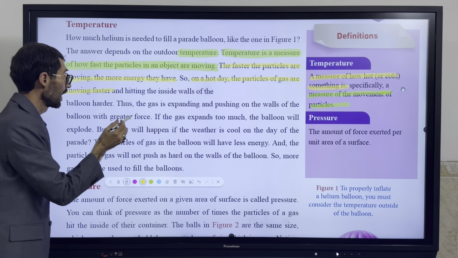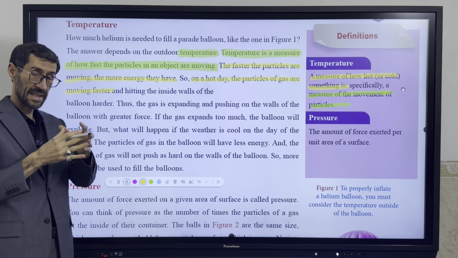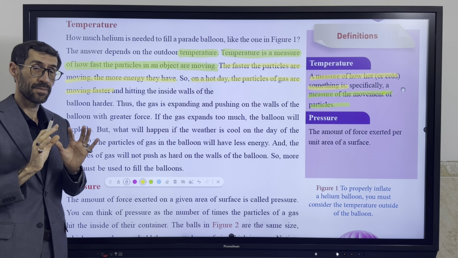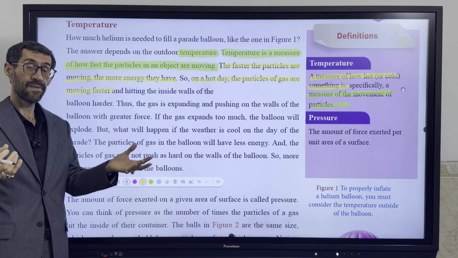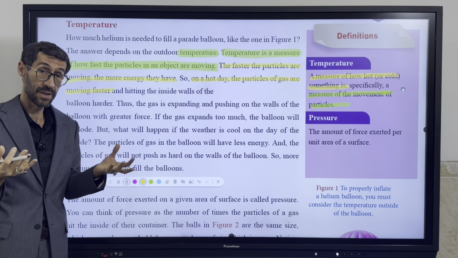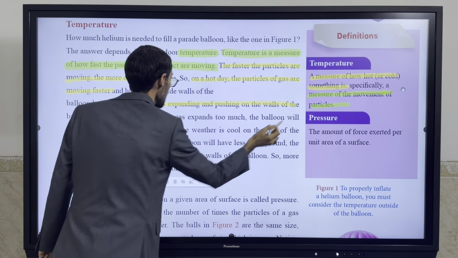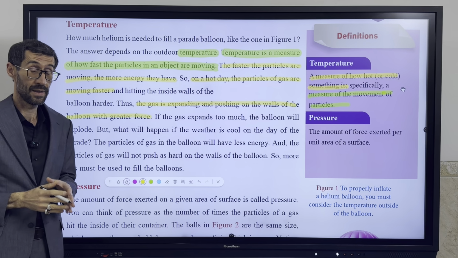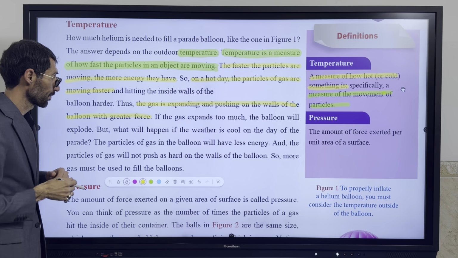So what's the consequence of the hot temperature? The gas is expanding and particles push on the inside wall of the balloon with greater force because they have high energy. These consequences are due to the rising temperature.